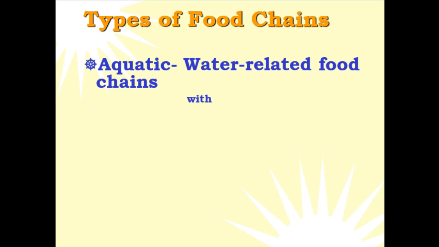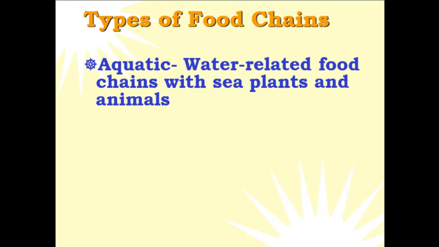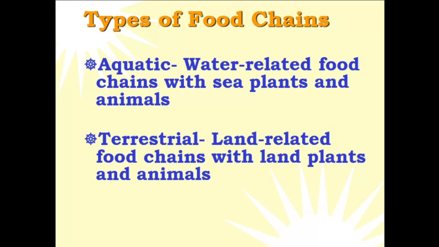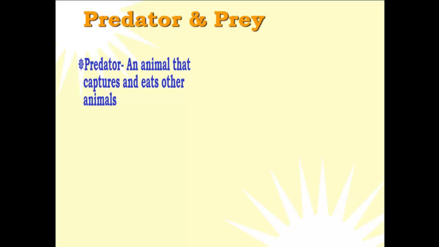Now, there are several types of food chains, but there are two main ones. We have aquatic, which are obviously water-related food chains, which have sea plants, sea animals, obviously. And of course, you have your terrestrial or your land-related food chains of a similar nature. Now, the whole predator and prey relationship is also important.